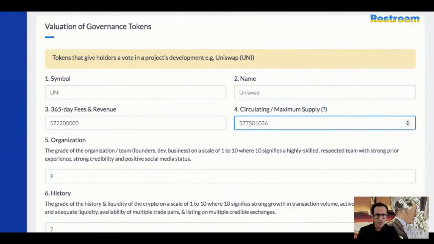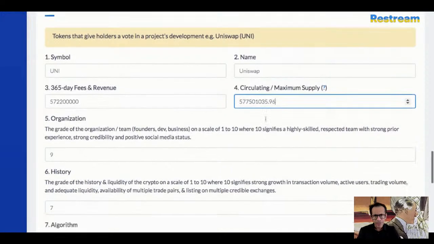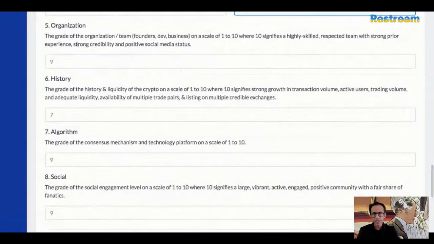So it's about 577 million tokens, which is currently the circulating supply of UNI, and the max supply is about a billion. So I've entered that there. Now comes the interesting part where you have to take some subjective decisions. First step, we look at the organization. We need to grade the team which is in place, which could be the founders, the development team, the business team.